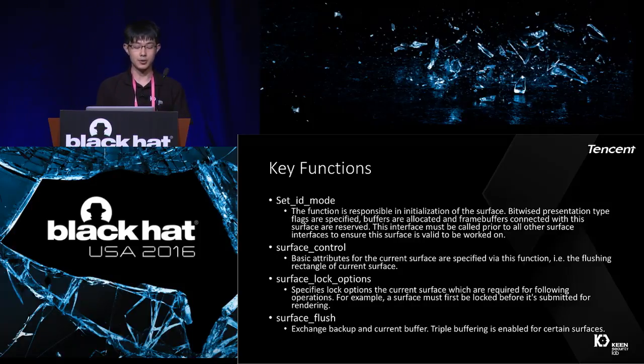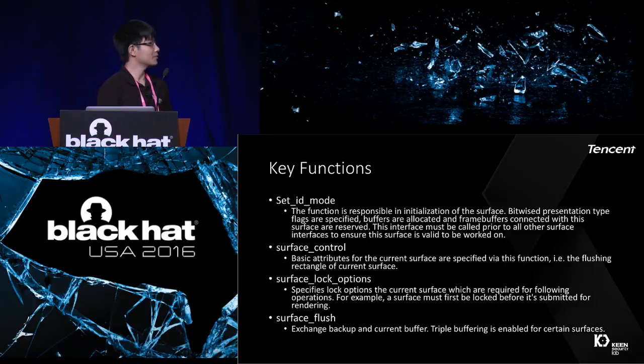When you call set ID mode on the newly created IOAccelerator surface, the buffers are allocated, and the relevant frame buffers connected with the surface are also reserved. This interface must be called prior to all other IOAccelerator surface external methods to ensure that you have a valid IOAccelerator surface to work on.